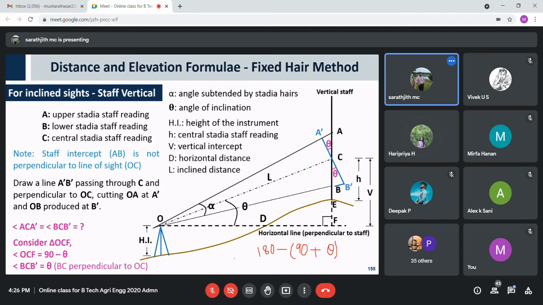So it would be 90 minus theta. So we got this angle C as 90 minus theta.